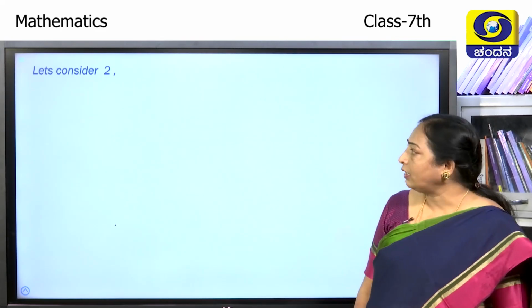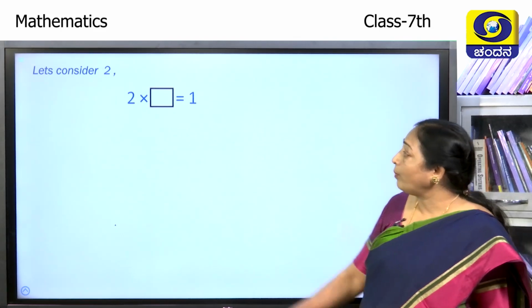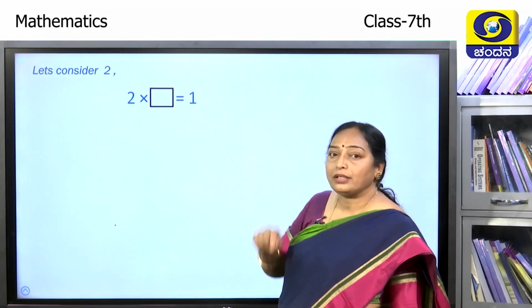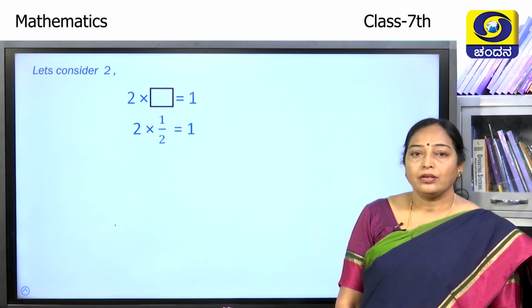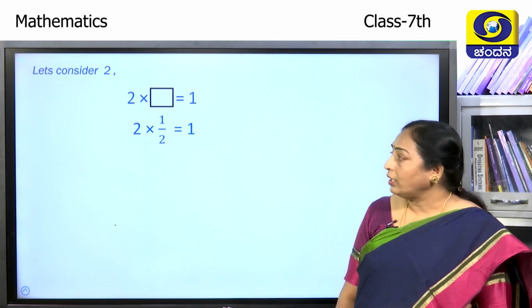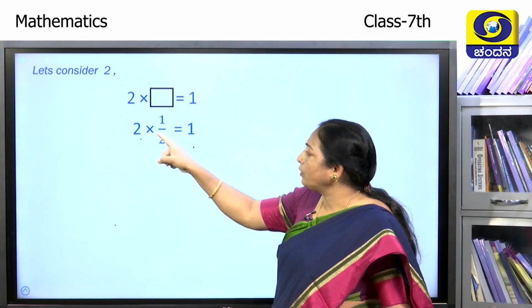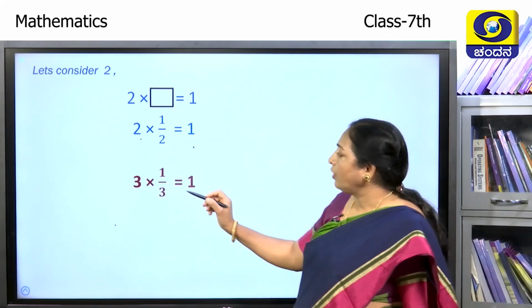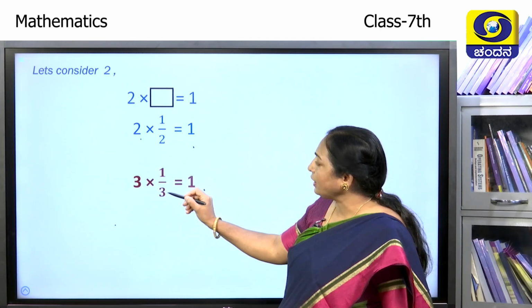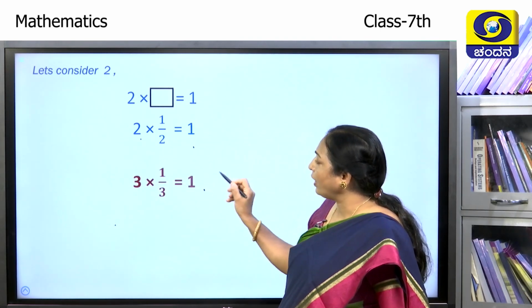Let us consider the number 2. What should be multiplied by 2 to get 1? 1 by 2. If you multiply 1 by 2 with 2, we will get 1. In this way, if you multiply 1 by 3 with 3, we will get 1.